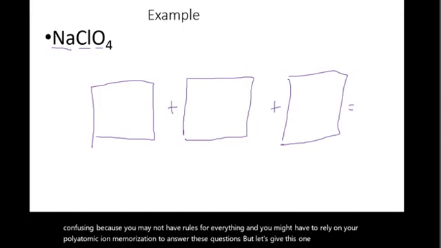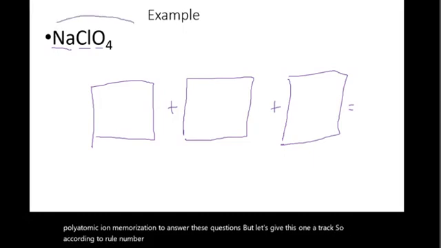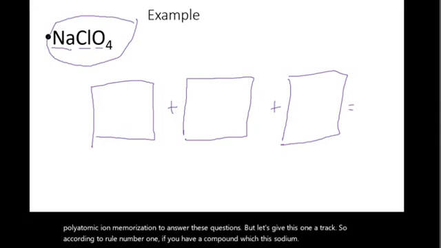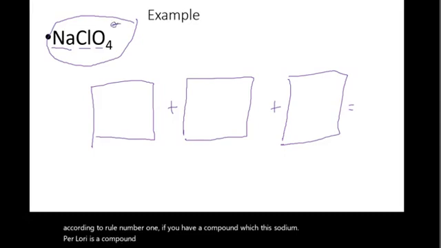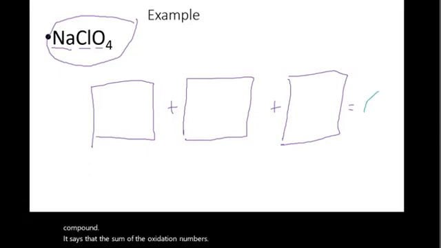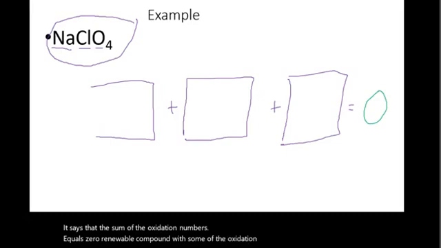So according to rule number 1, if you have a compound, which this sodium perchlorate is a compound, because there's no charge here. See, there's nothing here. Okay, so if I have a compound, it says that the sum of the oxidation numbers equals 0. When you have a compound, the sum of the oxidation numbers equals 0.